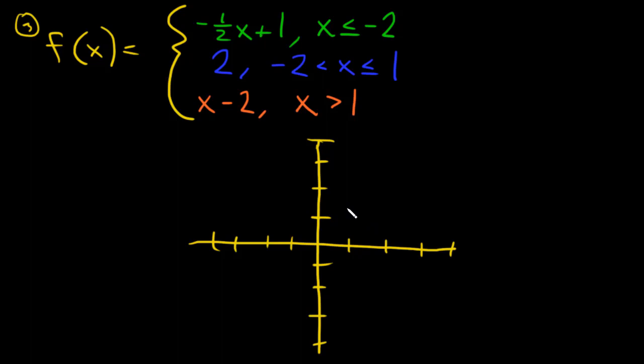So now I'm going to move to the very first function, and before I do that, I want to put the little y equals, y equals, and y equals. Okay, so I'll go to my first one, and I've got y equals negative 1/2 x plus 1.